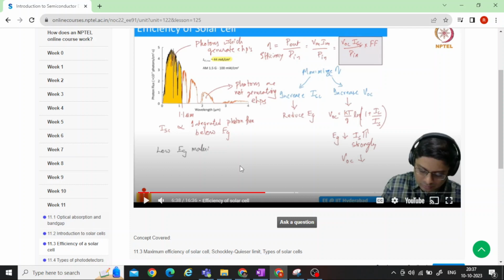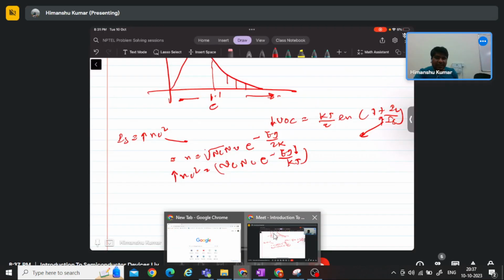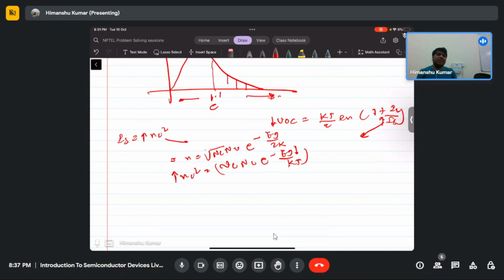Okay, so we are assuming this through equations. To change the band gap you need to take a different band gap material. But once you have selected a material, you can't do much.